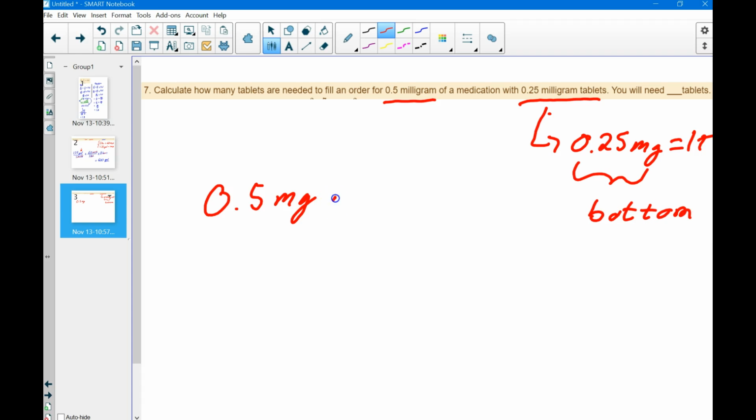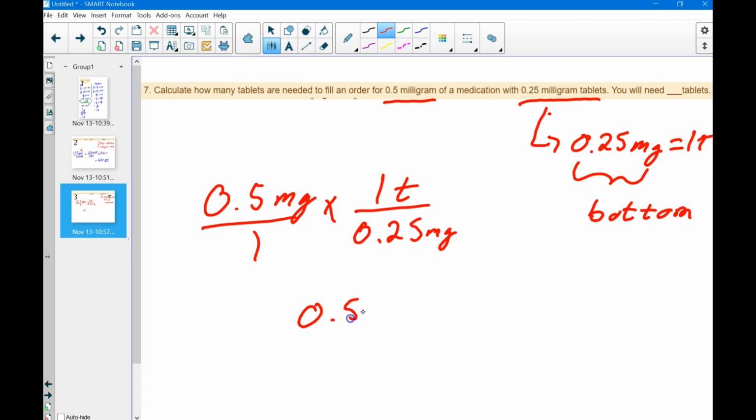So what I'm doing looks like this: 1 tablet over 0.25 milligrams. And just by using fractions, to show you what's happening here, this will be over 1. So I'm going to have 0.5 milligrams times tablet over 0.25 milligrams.